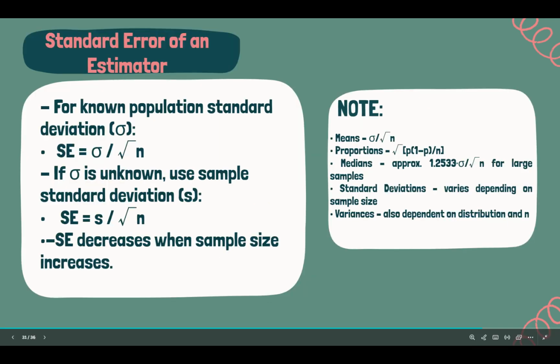For a known population standard deviation, SE equals the standard deviation over the square root of the sample size. If the standard deviation is unknown, use the sample standard deviation S. For example, SE equals S over the square root of the sample size. SE decreases when the sample size increases.